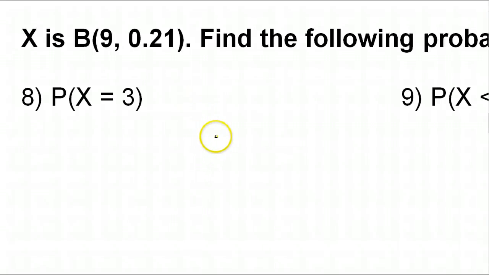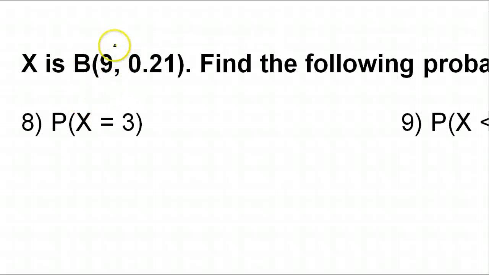Okay, now we are going to do the actual binomial calculations. So please understand, when they give you this notation, they're telling us n, which is the total number of outcomes.